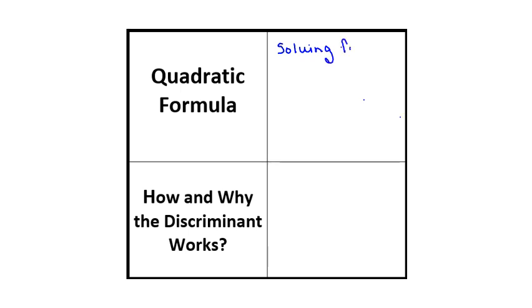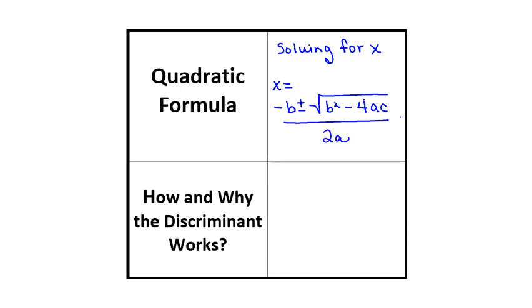So we are generally solving for x. The quadratic formula is x equals negative b plus or minus the square root of b squared minus 4ac, divided by 2a.